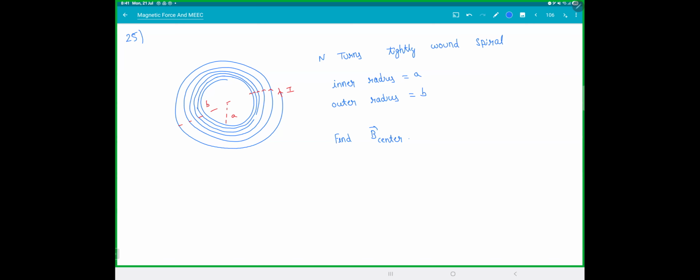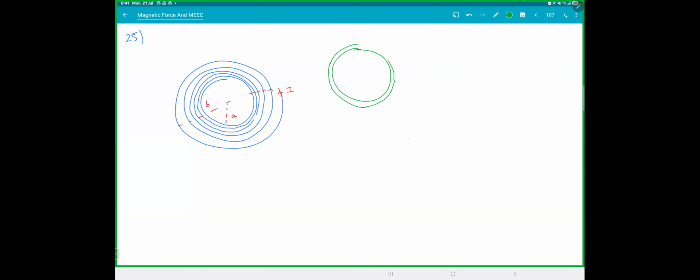Let's see. You know the theme here. We take a radius x, thickness dx.